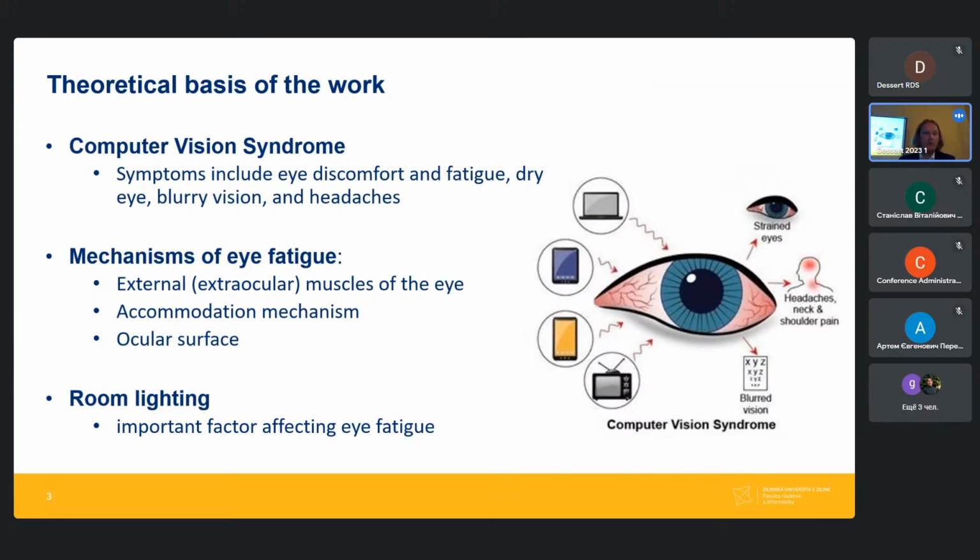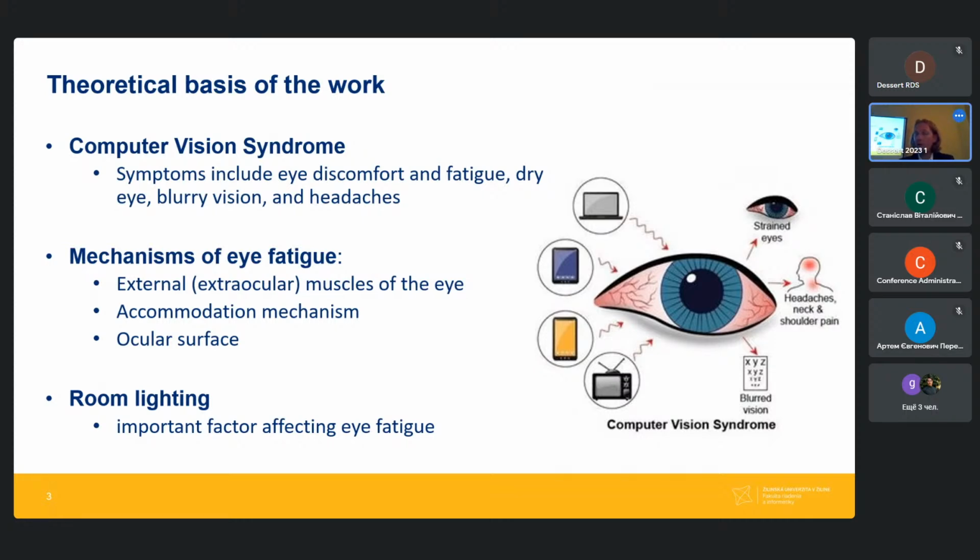Okay. Theoretical basis: in past years, because of COVID, every person working on a computer has had computer vision syndrome, which includes eye discomfort, fatigue, dry eye, blurry vision, and headache.